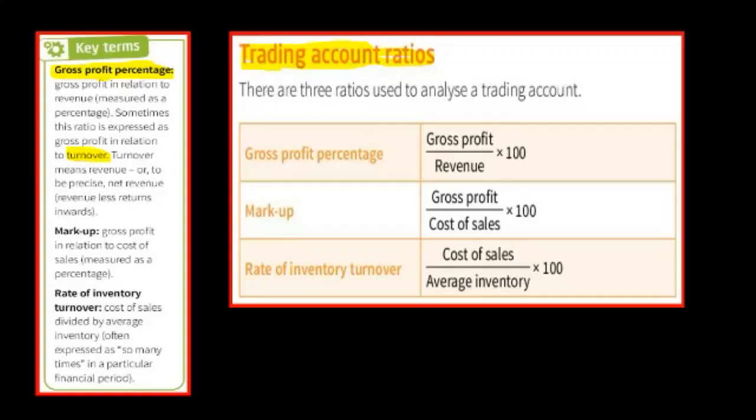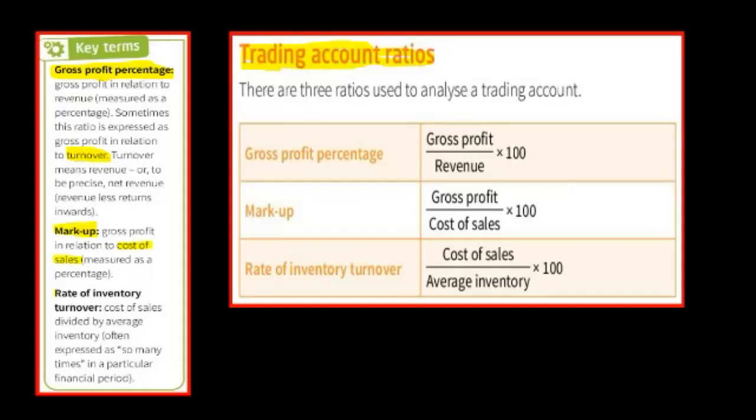The next ratio that we want to look at is the markup. Gross profit in relation to cost of sales. So the first one was in relation to sales. This one is in relation to cost of sales. And we measure it again as a percentage.